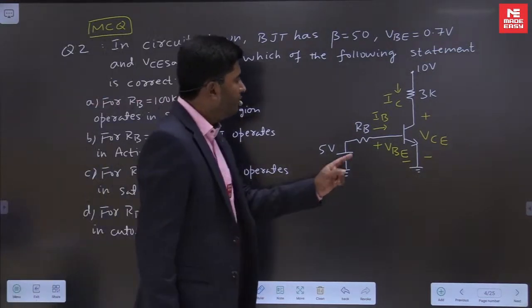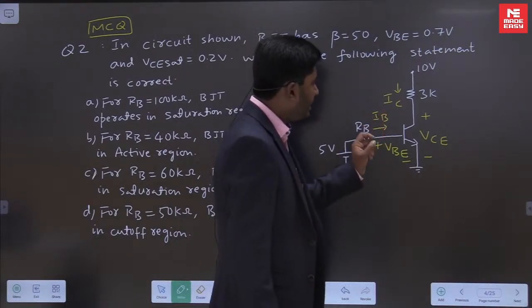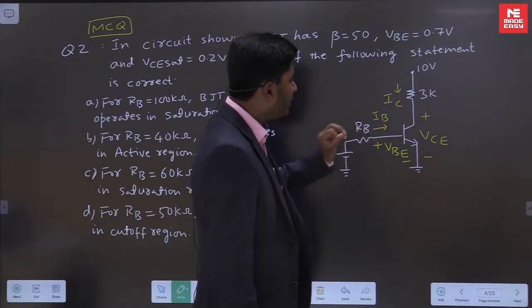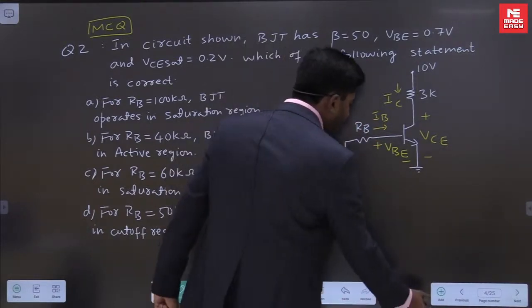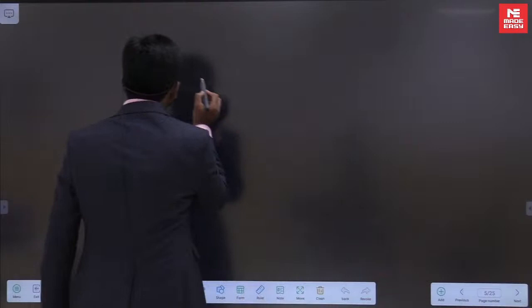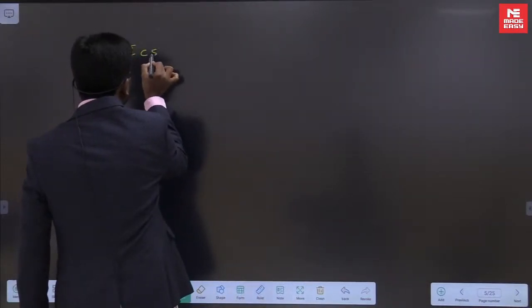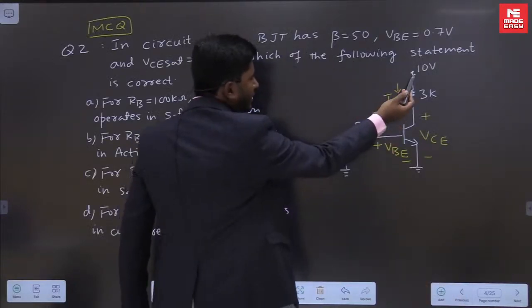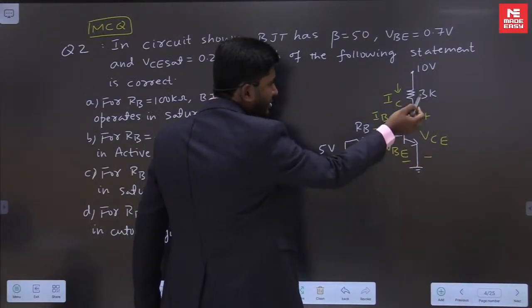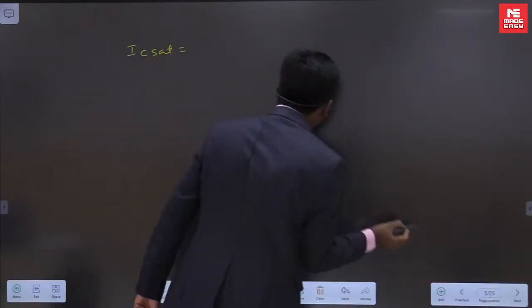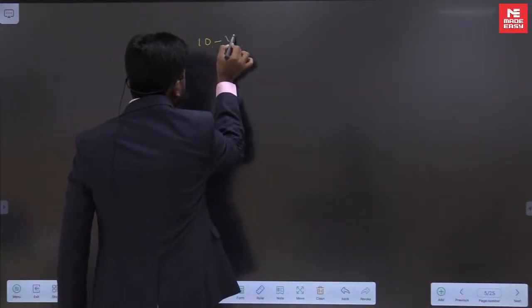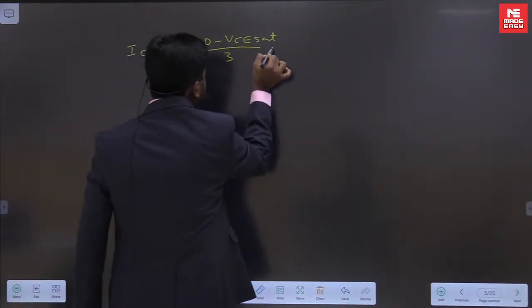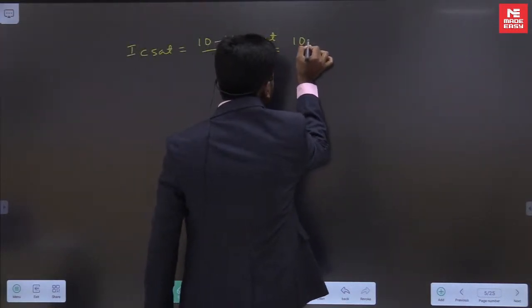We will first calculate IC sat. Let us assume the BJT is in saturation, and calculate IC sat, the saturated collector current. IC sat will be equal to 10 minus VCE sat divided by 3K. That VCE sat is given as 0.2.